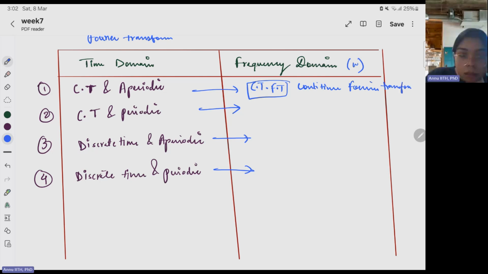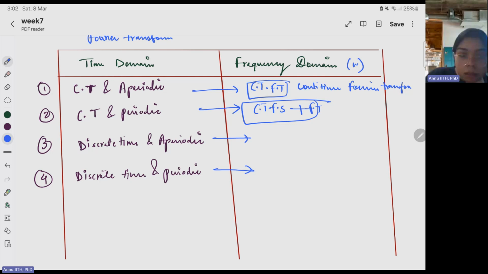When we have a continuous time and periodic signal, what type of Fourier transform is used? As we know, any periodic signal can be written as a sum of sine and cosine. So the periodic signal will be written as a sum of cosine and sine through the Fourier series. So here we will use CTFS, plus Fourier transform.